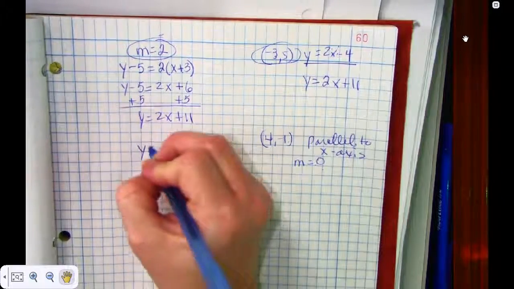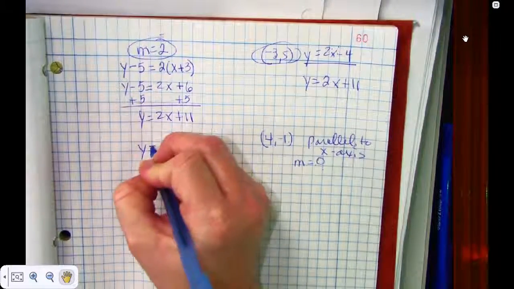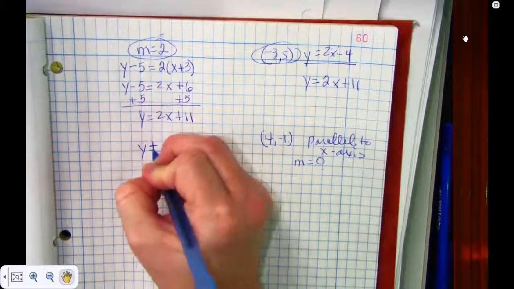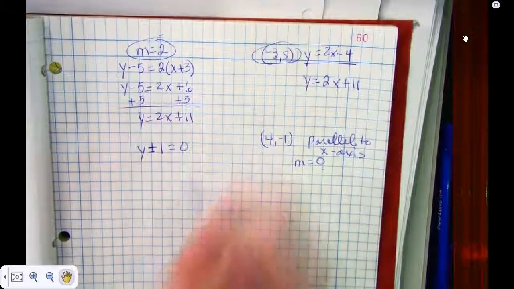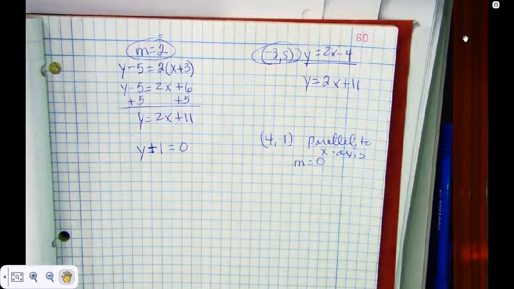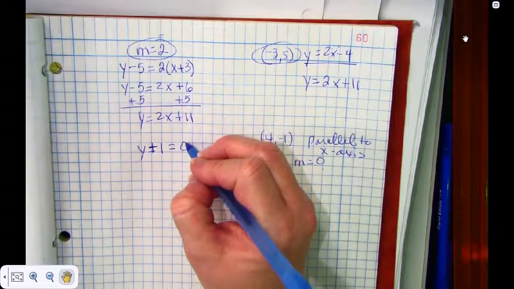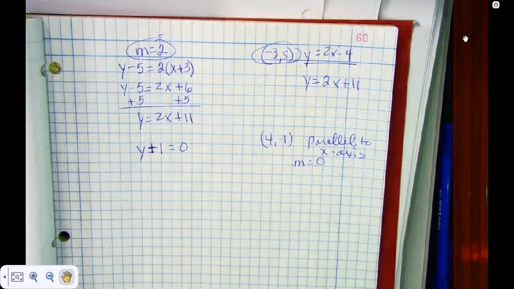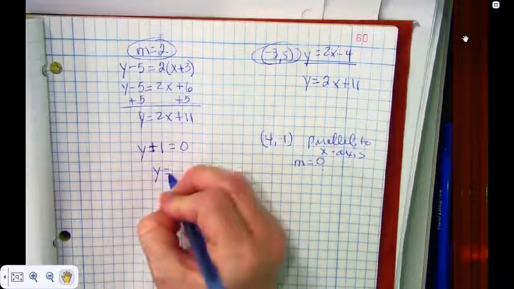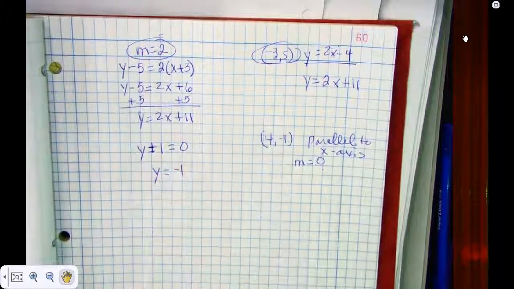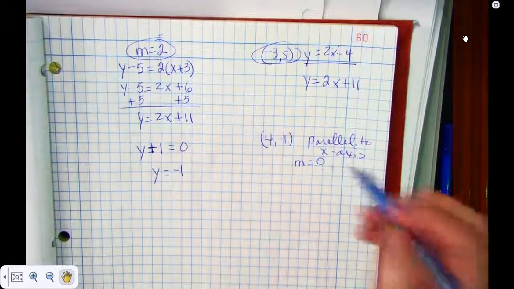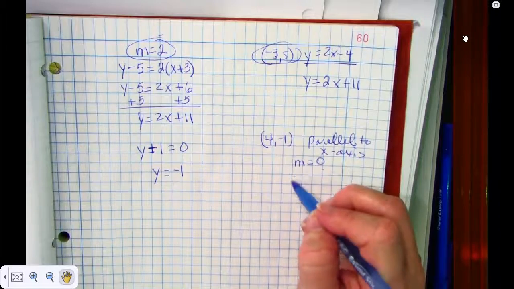Okay, what did I do there? So what's it going to be? Right? Okay? So, that's the point slope form. If I want it in slope intercept form, it's going to be y equals -1. So, let's think a minute.